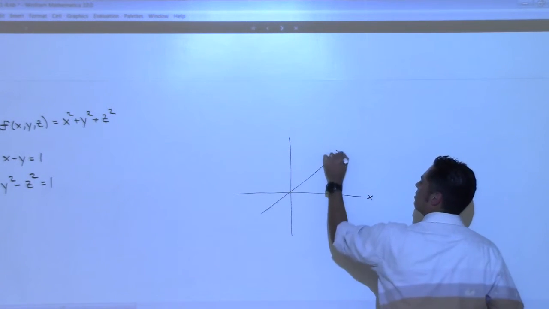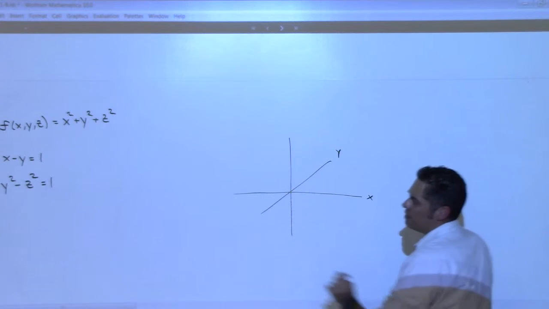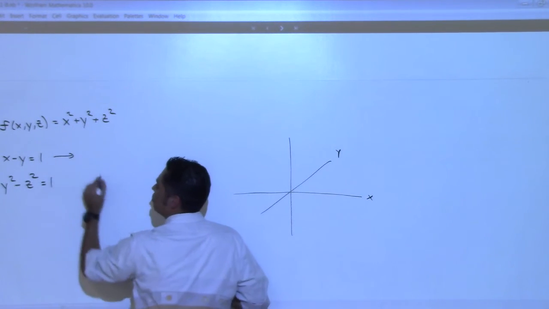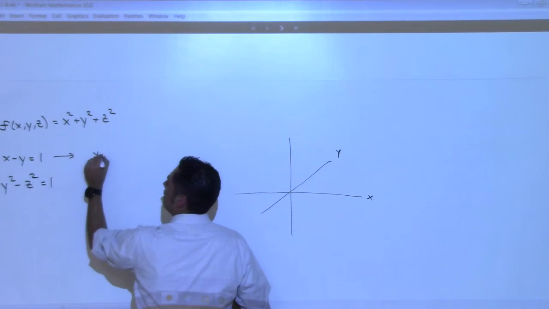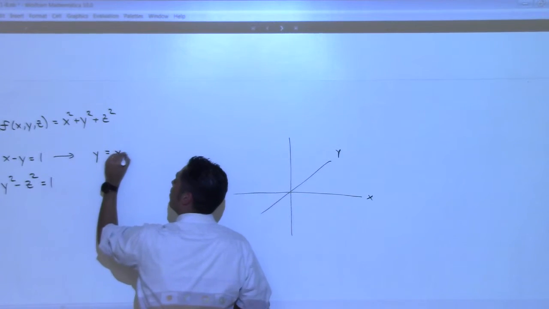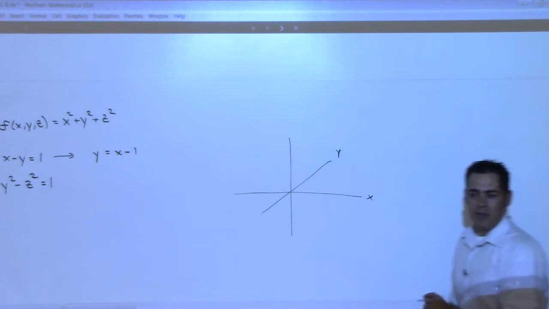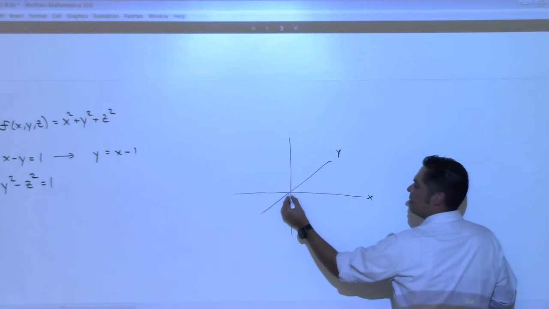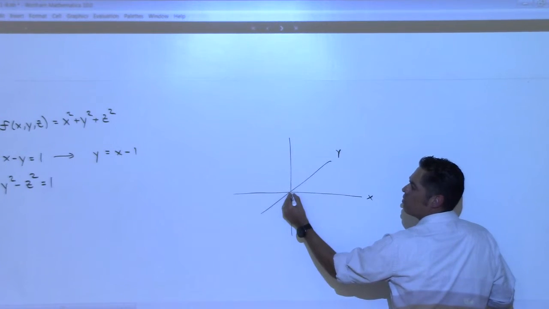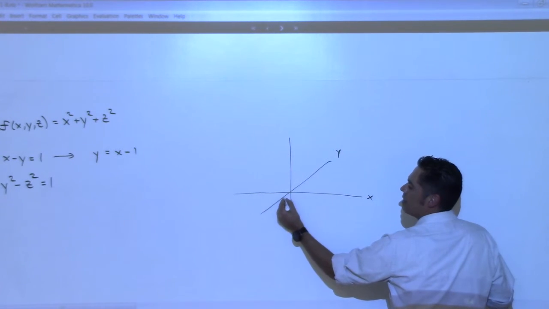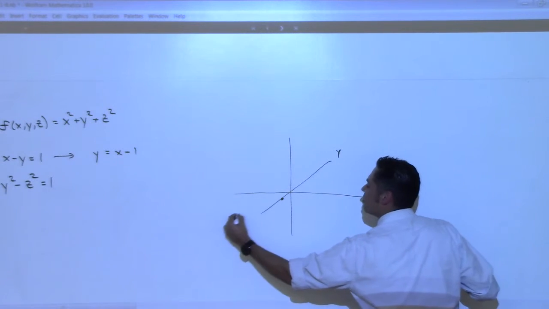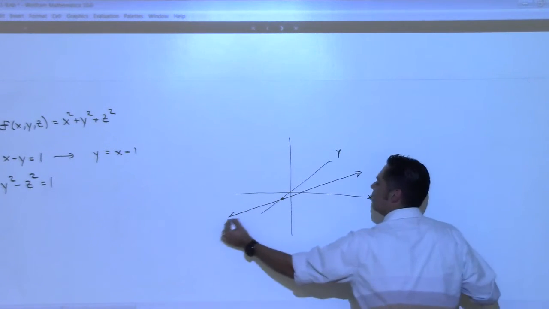Let's say this is x and this is y. Then this is the line. This is actually in two-dimensional space. This is the line y equals x minus 1. So your y intercept is -1, has a slope of 1. So it's like a line like this. Hope you all can see that.